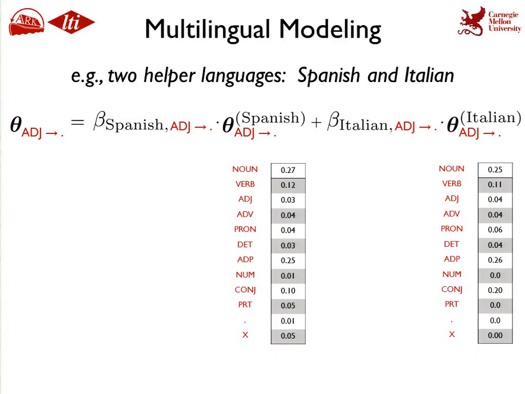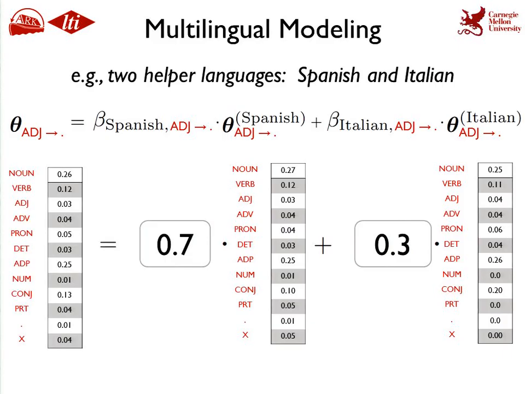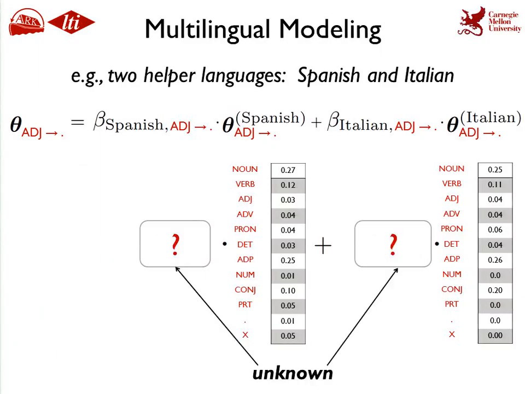These are probability distributions, and the betas are 0.7 and 0.3, which sum up to 1. So we can get our new theta adjective, which we assume is the probability distribution for the transition from adjective for our target language. So this is the interpolation step. Now unfortunately, these two are unknown, and we learn them.